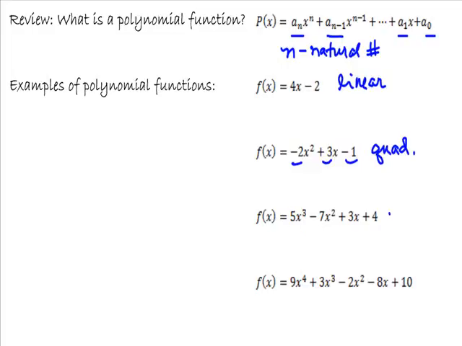Then we have a cubic function. And lastly is a fourth degree polynomial, called a quartic function. So polynomial functions are really just terms added or subtracted where you have positive exponents in your variables.